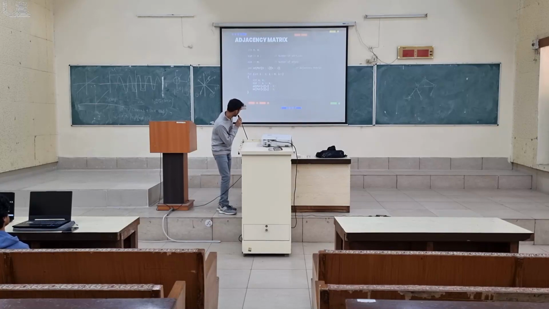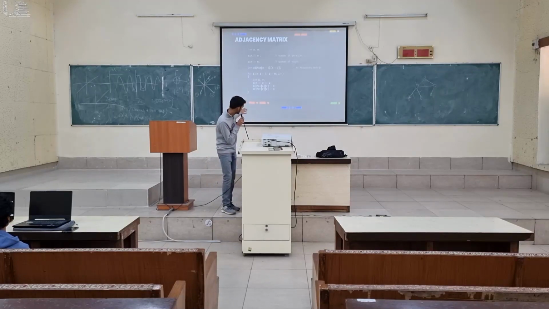Then we took input, and the input gave us u and v has an edge. So we set adjacency matrix of u and v to 1 because they have an edge. And this is for bidirectional edges. For unidirectional edges, one of those statements will not be there. There will be the first or the second statement, depending on whatever you are taking. So this is how we declare our adjacency matrix.